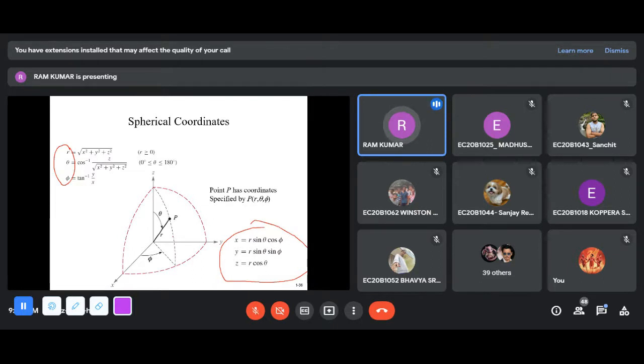On the outer layer of the sphere, suppose you want to represent one region or one point. If you consider this spherical coordinate system, you can easily pinpoint that region exactly with these parameters r, theta, and phi.